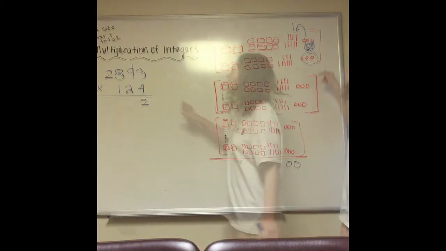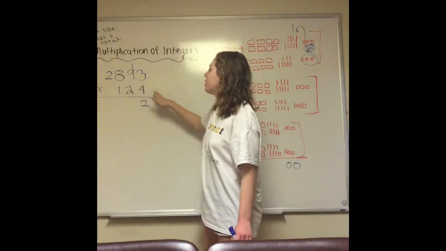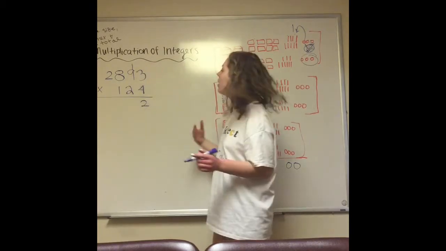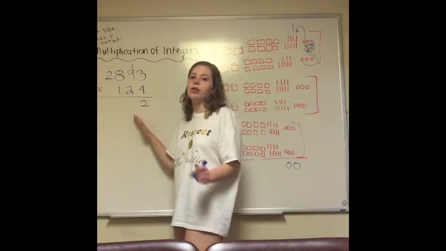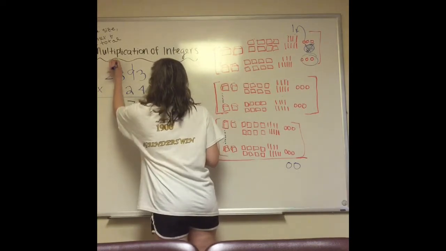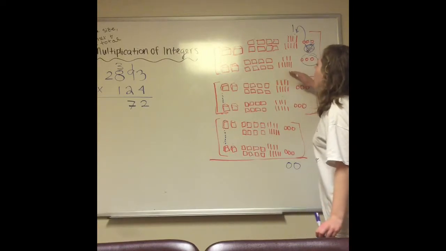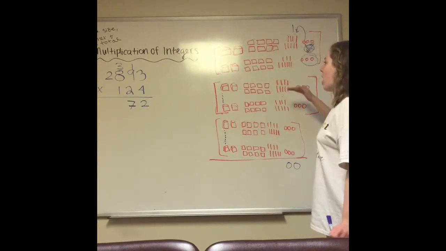Look at our 9 times 4. And by doing this, we can't forget about that 1, so 9 times 4 giving us 36 plus 1 is 37. And over here you can see we are looking at our 4 groups of 9 rods.